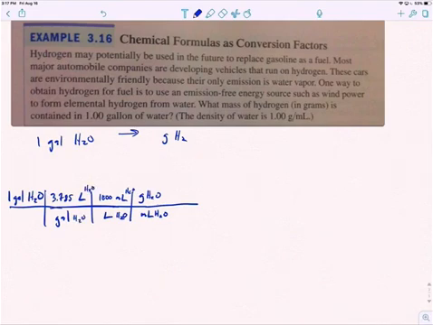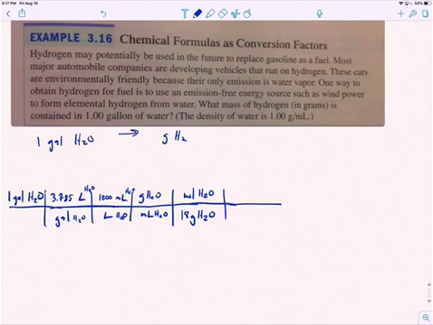Then there is a mole of water for every 18 grams of water, because that's the molecular mass of water.